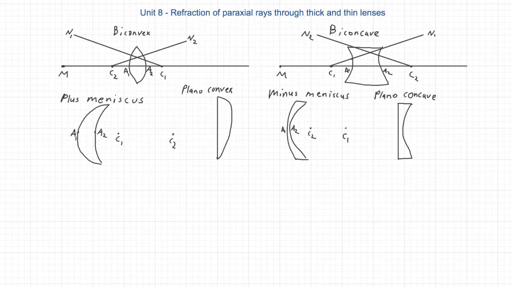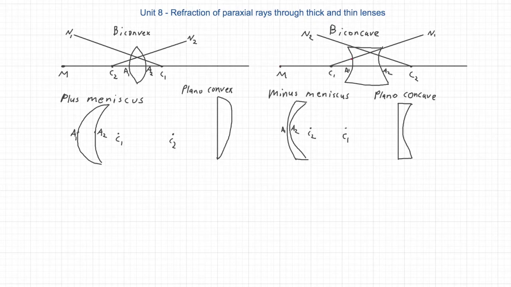So on the upper left, I have a biconvex lens. A convex lens is thicker in the center, thinner at the edges, and it is biconvex because each surface is convex. I labeled the first surface as vertex A1, the second surface is vertex A2.